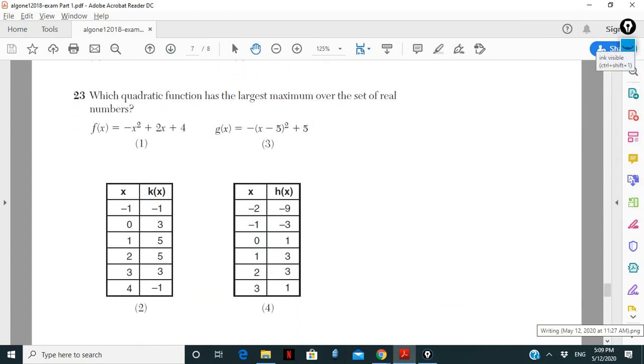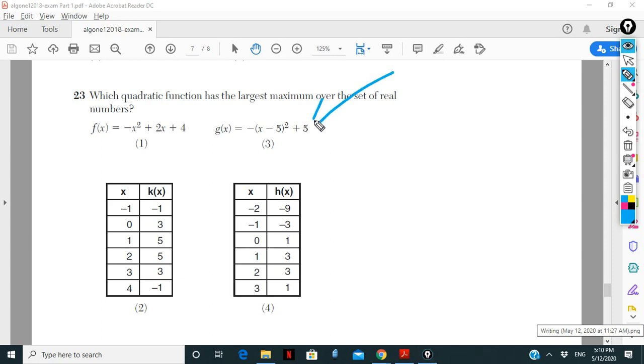Question number 23. Which quadratic function has the largest maximum? So largest maximum means I'm looking for the vertex. So the vertex here is going to be 5 and 5.